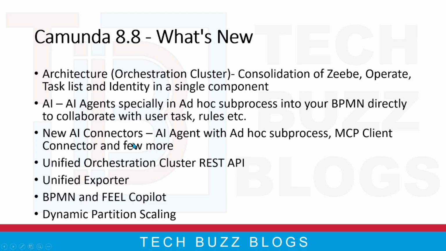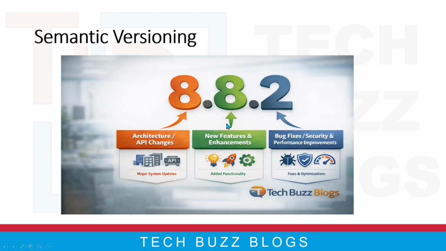Let me quickly walk through what the semantic version standard is. If you see this diagram, this is a sample version I picked, 8.8.2. Here the first 8 is the major version. For example, when there is a complete architecture change or complete API level changes, then I'm going to increase this number from 8 to 9, 9 to 10, 10 to 11.